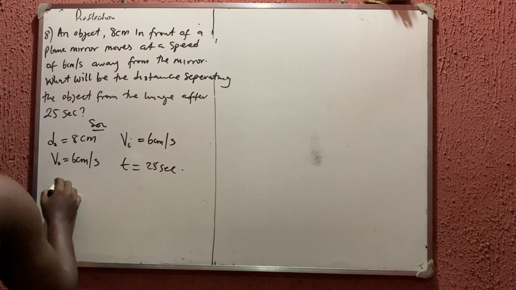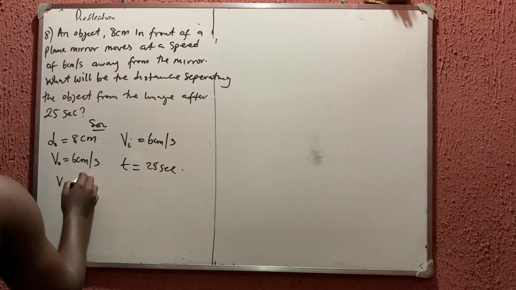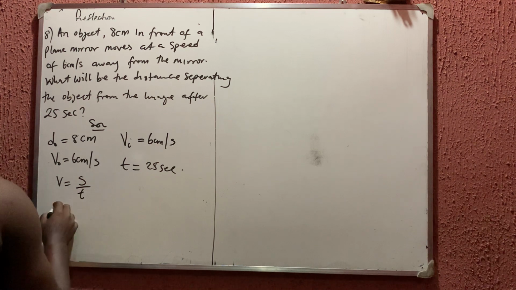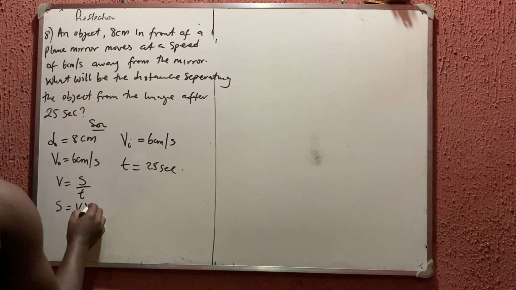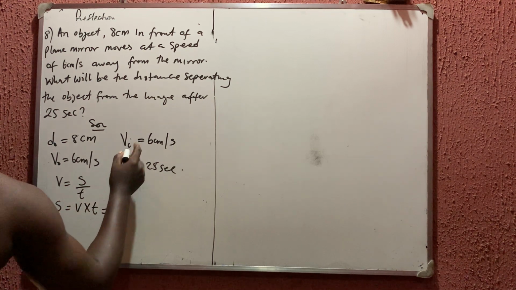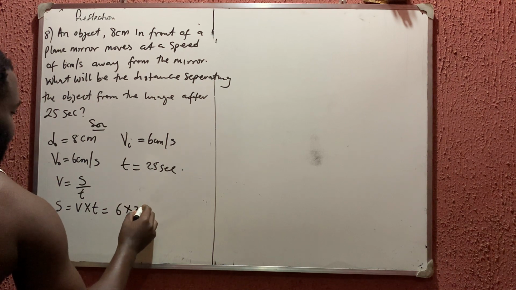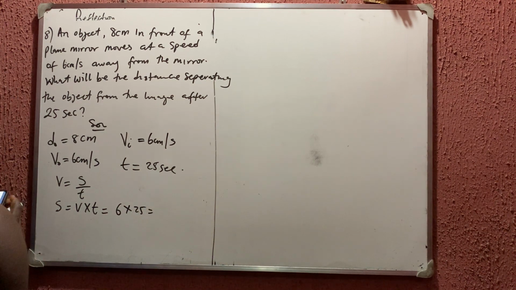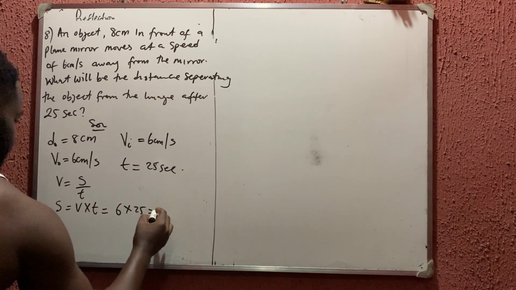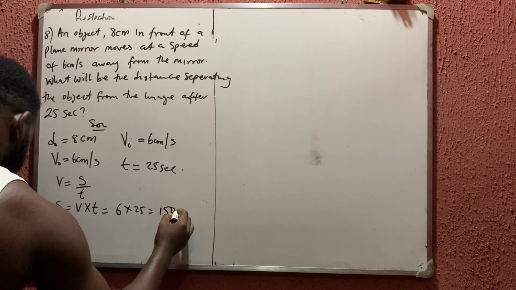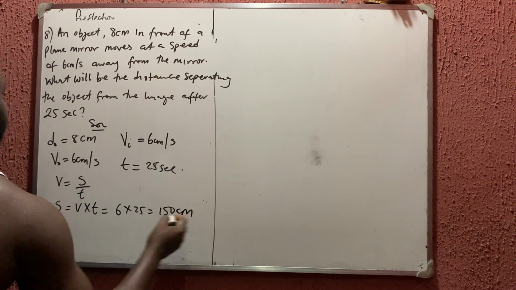We know that velocity is equal to displacement over time. So my displacement is equal to velocity times time, which is 6 times 25, which gives you 150 cm.